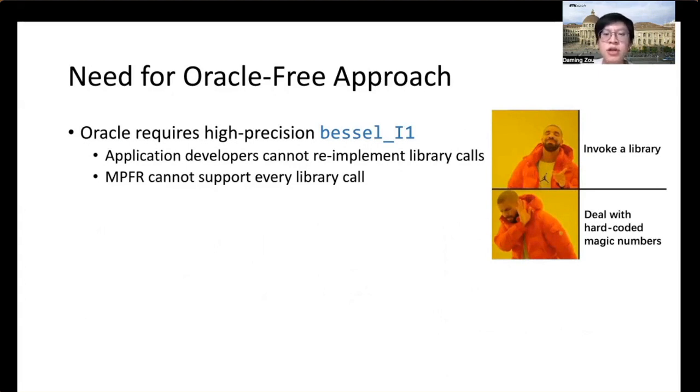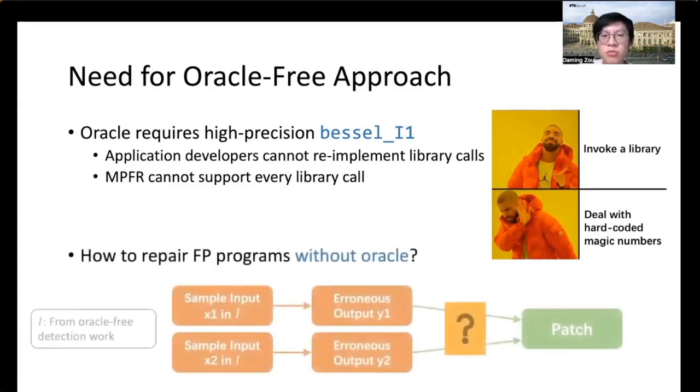So seems we are in a dilemma here. And the question is whether it is possible to repair floating point program without an oracle. In past years, there are some oracle-free detection work that could feed us the erroneous input interval. And besides, the only information we can get is some erroneous outputs. This question will lead to our approach next.